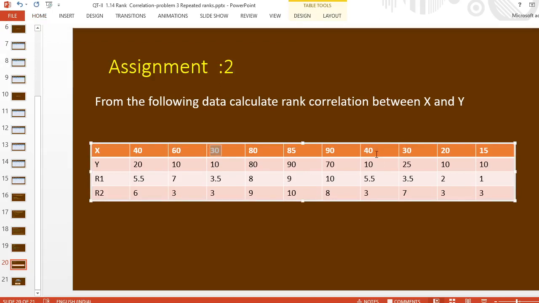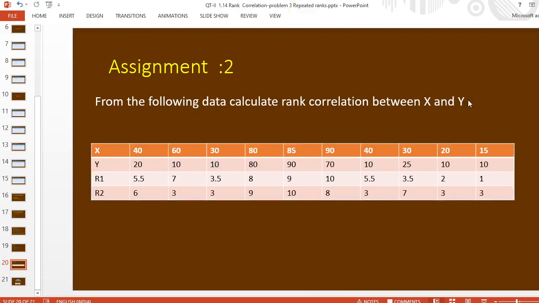The second repeated data is 40, here 40 and here 40, again repeated twice, so m value is 2. The third m value is 10 in the y series. In the y series, 10 is repeated 5 times, so 5 to the power 3 minus 5. So here you should consider 3 m values.